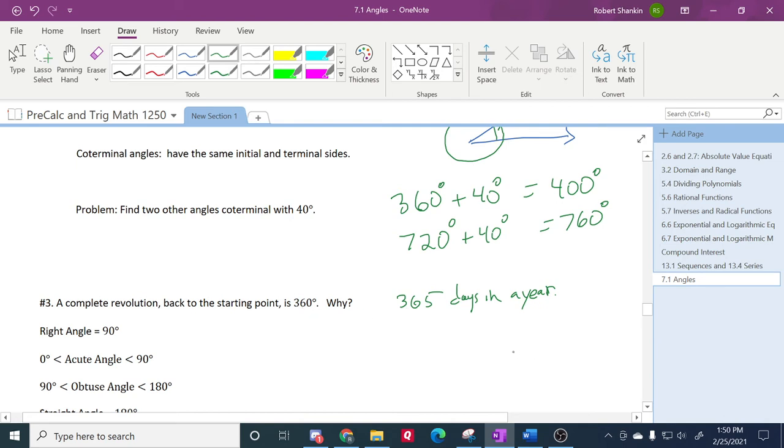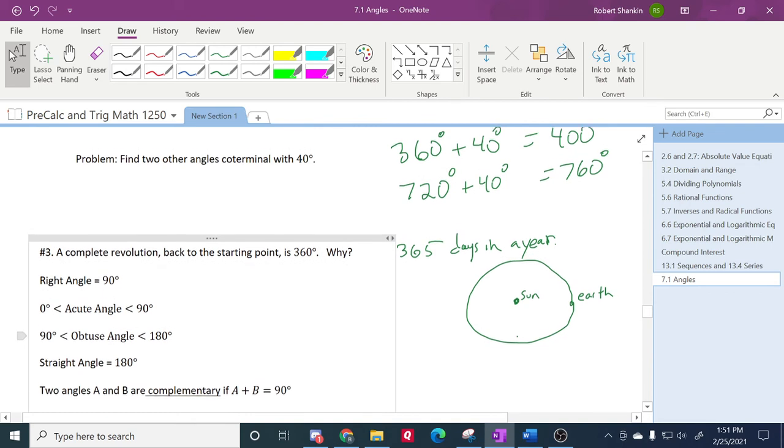When they visualized days in a year, you think of the sun and the earth going completely around, making one complete revolution within 1 year. So divide it up, and 1 degree is kind of like how much the earth moves in 1 day.